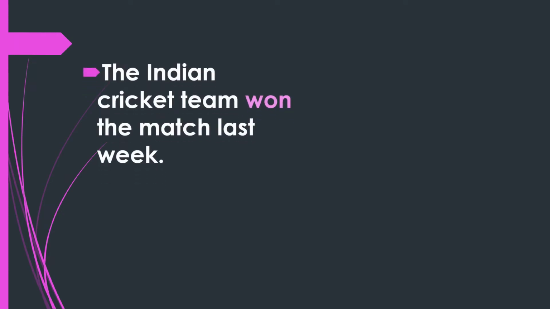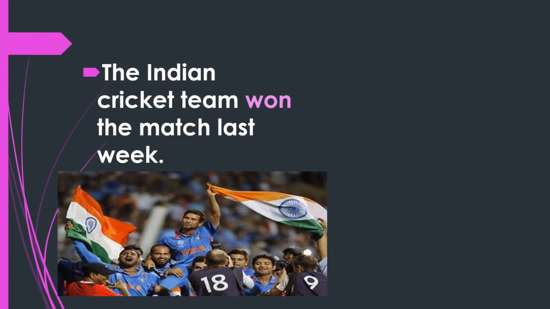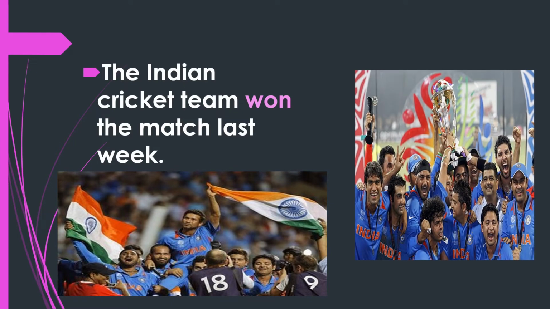The next example is, the Indian cricket team won the match last week. Here, won is the verb, that is the action word, in the simple past tense. It indicates the action that is winning of the match in the last week, which means in the past.